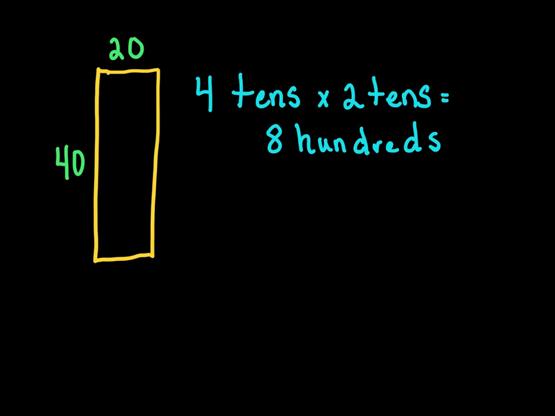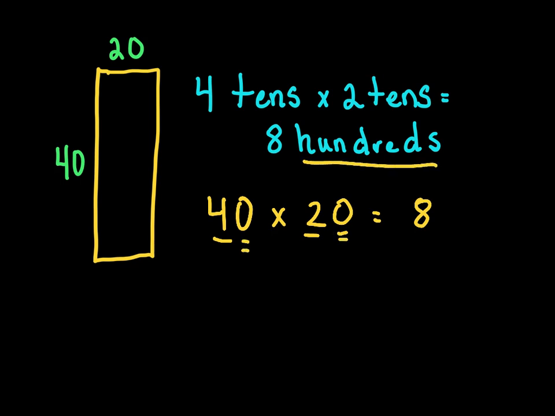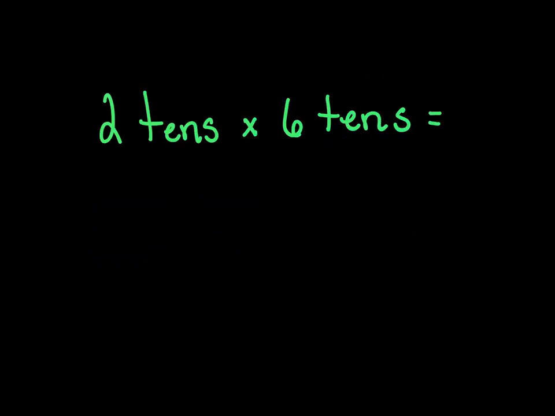is 20. So 4 tens gives us 40, and 2 tens gives us 20. 4 times 2 is 8. 2 zeros always gives us those hundreds, so 800. 2 tens times 6 tens.